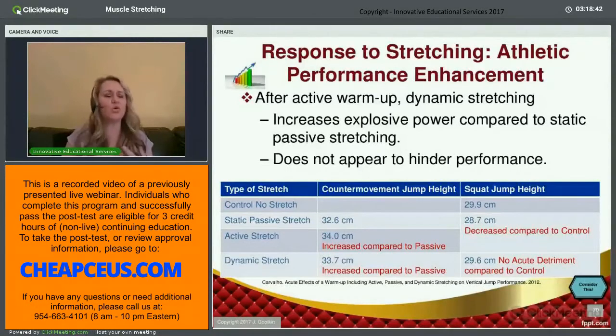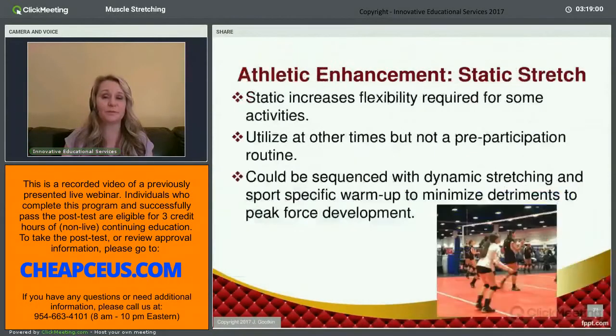So think about basketball, volleyball, quick changes of direction where we need force. That dynamic stretching is a good choice for those patients in those particular studies to allow for more power and recruitment compared to that static stretching.